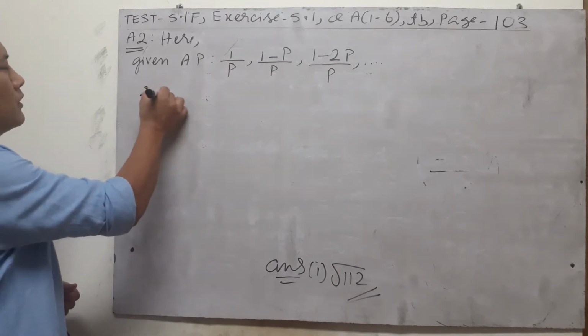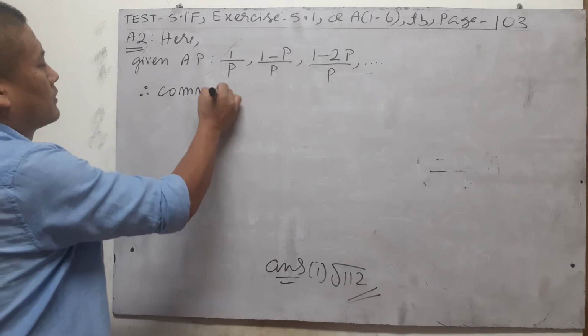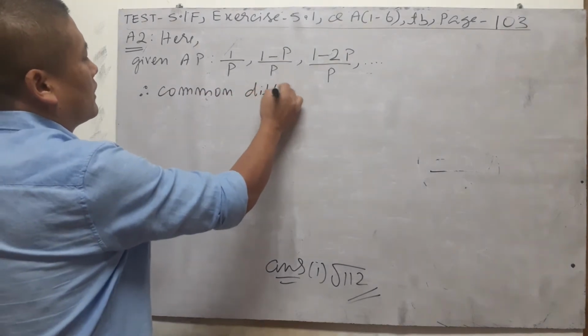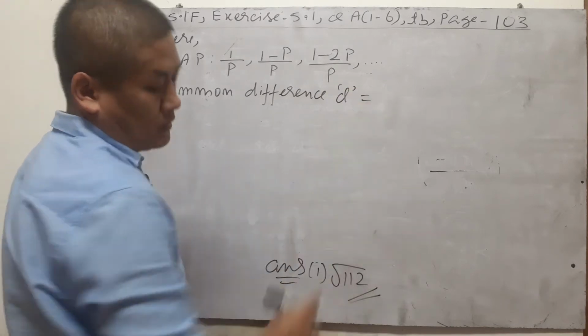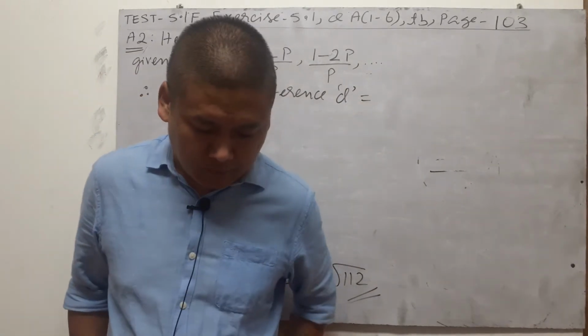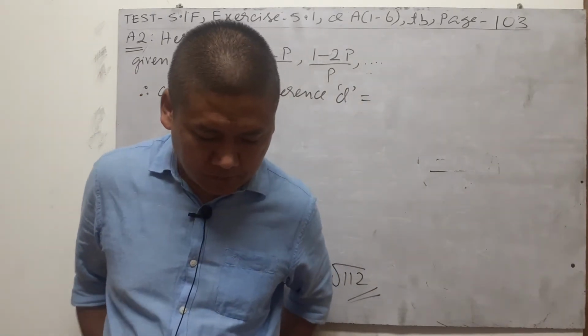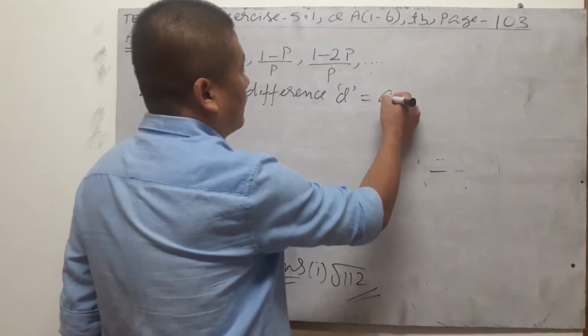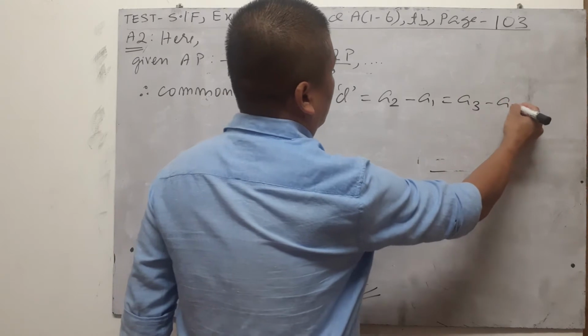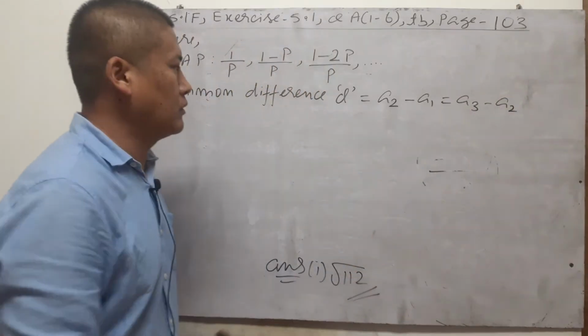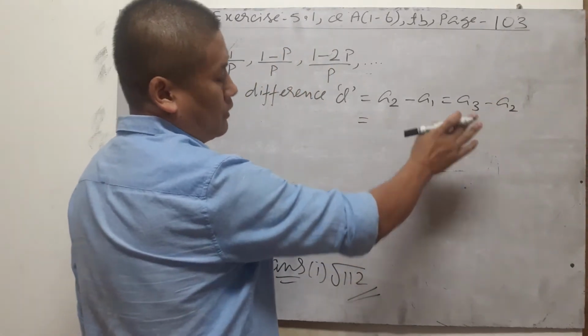Therefore, the common difference D will be equal to A2 minus A1, or it can also be A3 minus A2, up to you. We can just take any one; you need not write both.